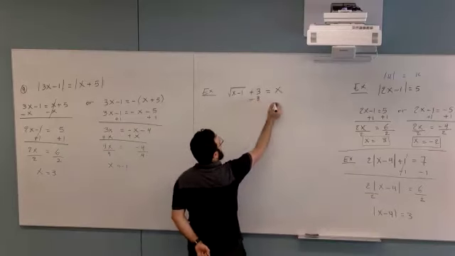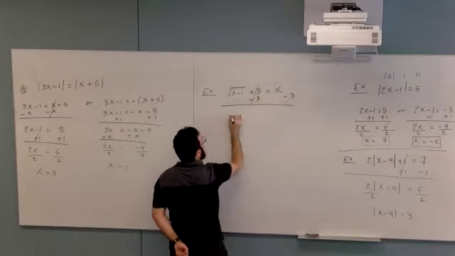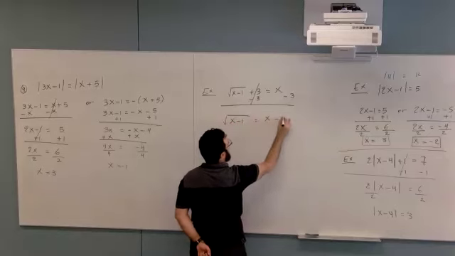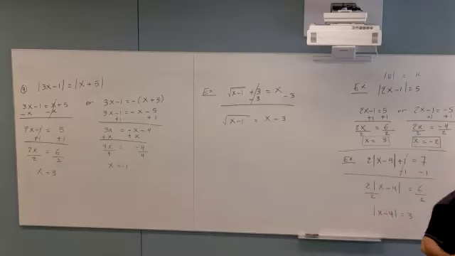So just minus 3 from both sides. And so here, the left side is the square root of x minus 1 equal x minus 3. Okay, so far? Now, next step, what is it telling you? Raise each side of the equation to a power equal to the index of the radical. How much is the index of this radical? 2.